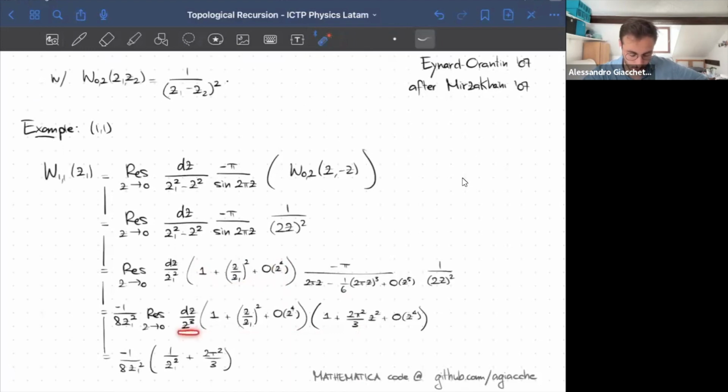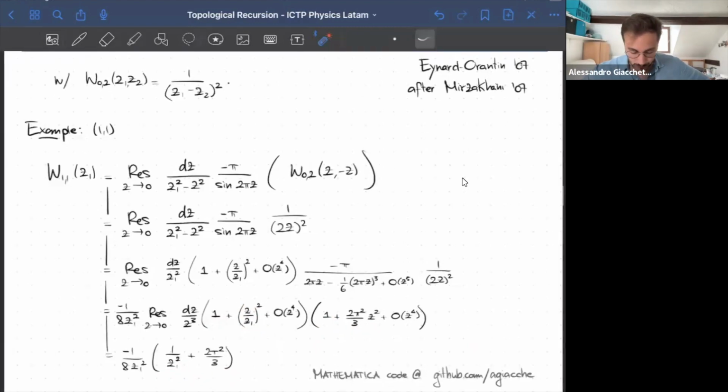Here you have a z cubed, so to get a non-trivial residue, you can either take this, which gives a z squared, and a 1 here, giving 1 over z_1 to the fourth, or you can take the 1 here and this 2π²/3 z squared, and this will give you this term here. The final result after this residue computation is this simple rational function of z_1.